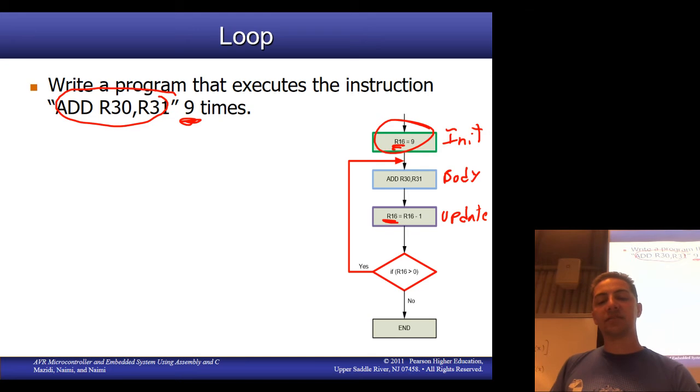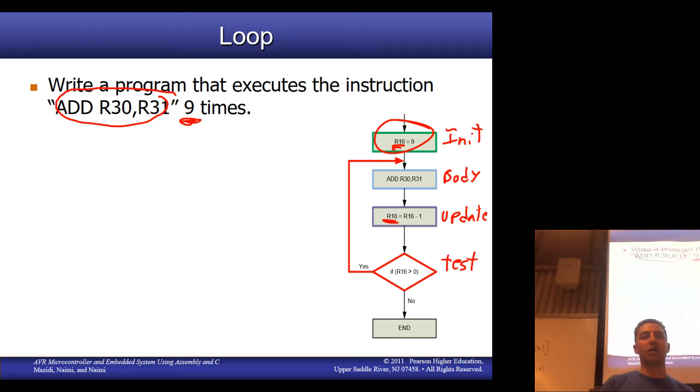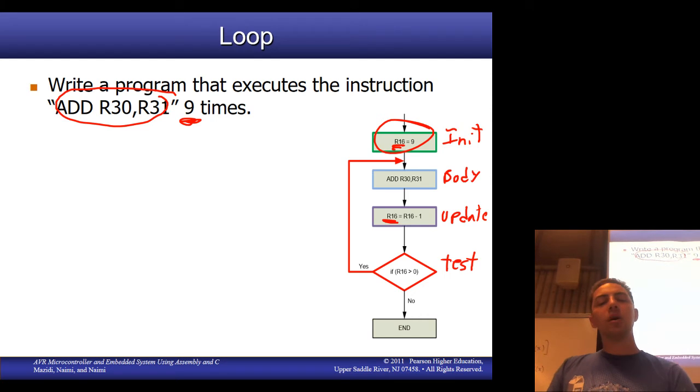Then we have our test. Now this test says R16 is greater than 0. Sometimes it's worth looking at a test like this to see if maybe there's another way we could write it, but we'll get to that. So I've got initializer, body, update, and test. All loops can be broken down into this setup.